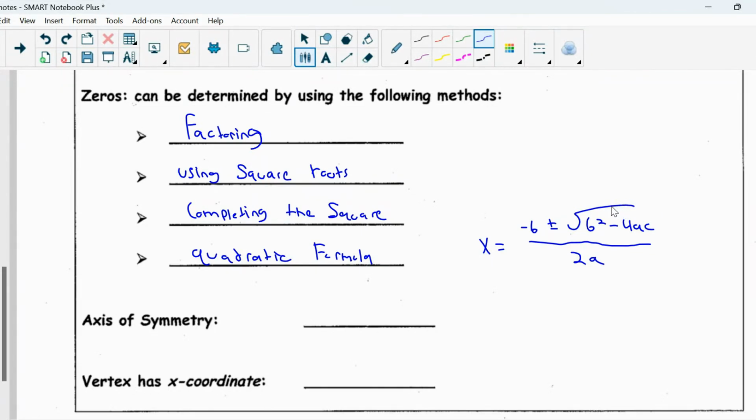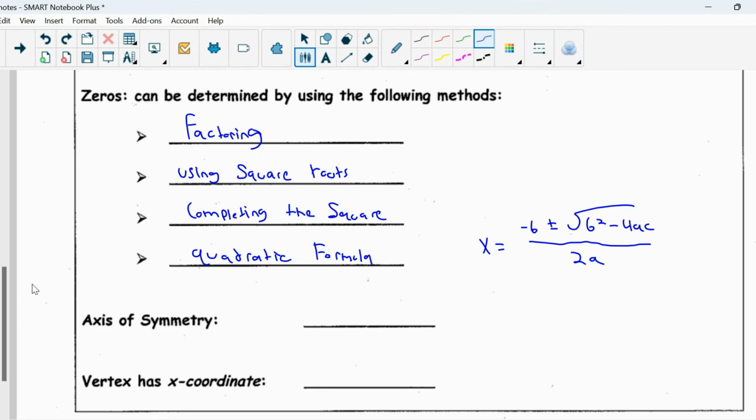The quadratic formula is a very effective way of solving for your zeros in a quadratic. Yet with the amount of computation, it isn't necessarily the most efficient all of the time, yet it is very reliable.